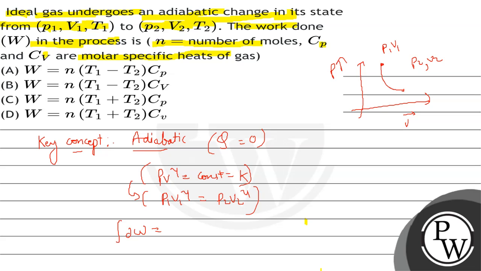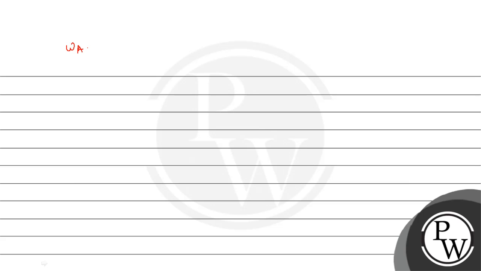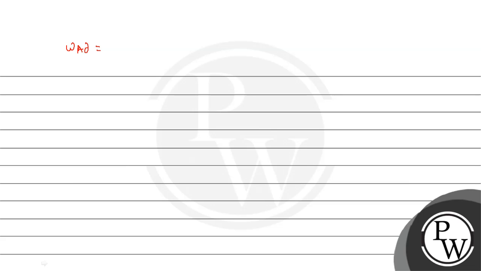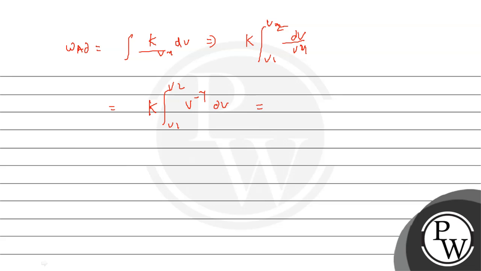So on integrating, dW is the integration of P dV, and from this we will have the work done from A to D. The work done in the adiabatic process will be the integration of K upon V^gamma dV. K is constant, so we take K outside, with limits V1 to V2, and dV upon V to the power gamma. From this, K is constant, integral of V to the power minus gamma dV, and this gives K times V to the power minus gamma plus 1.